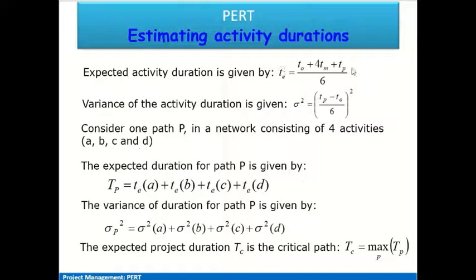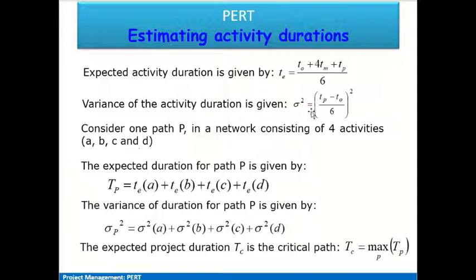So we are taking a mean, an average of 3 time durations: optimistic, most likely, and pessimistic, giving 4 times more weightage to the most likely compared to the optimistic and pessimistic durations, and averaging it out. So it's a kind of weighted average we are taking for these 3 time durations. So this gives us the most likely or expected activity duration for that particular activity.